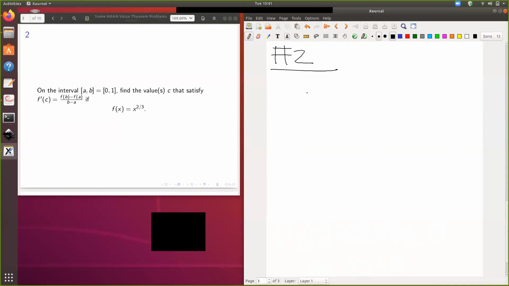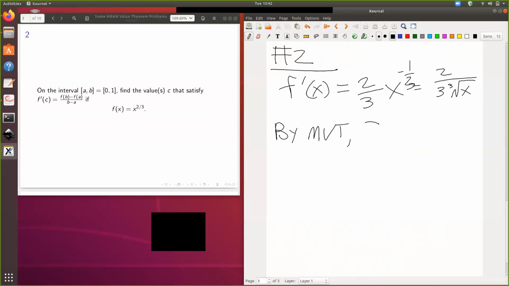Okay, so when I see these problems and I know that I have to use the mean value theorem, the first thing I do is I just take the derivative right off the top, go ahead and get that piece of information on the board. So here's 2/3 x to the negative 1/3, and that's going to be 2 over 3 times the cube root of x. Now, we know by the mean value theorem, well, let me write that down.